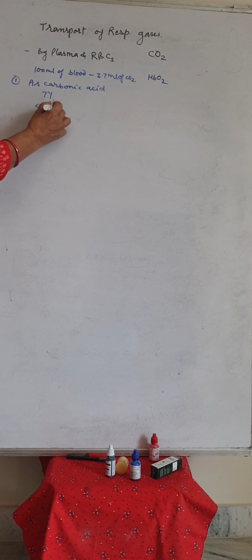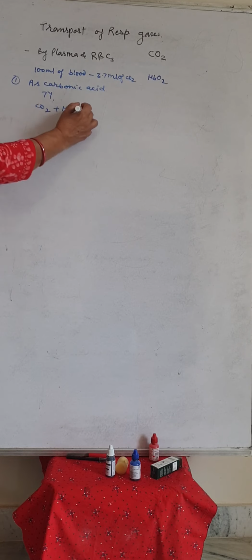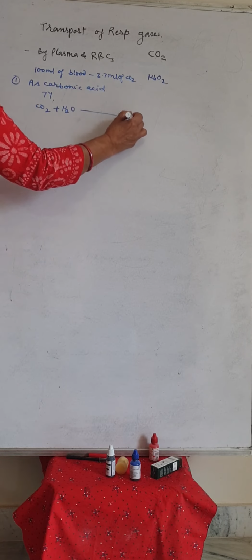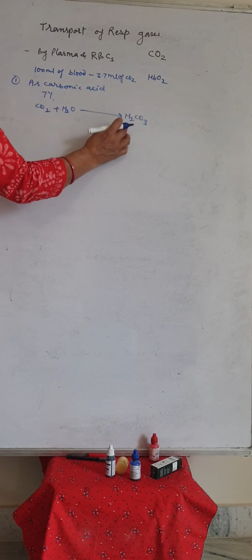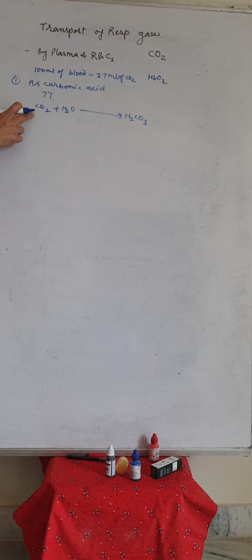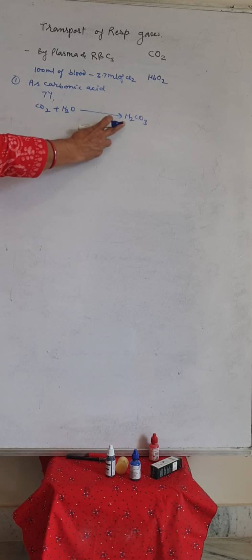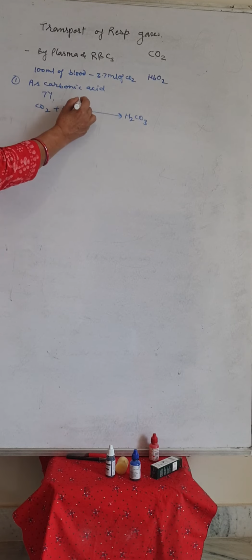The CO2 combines with the watery fluid of plasma, the water, and forms carbonic acid. So CO2 plus water forms H2CO3.